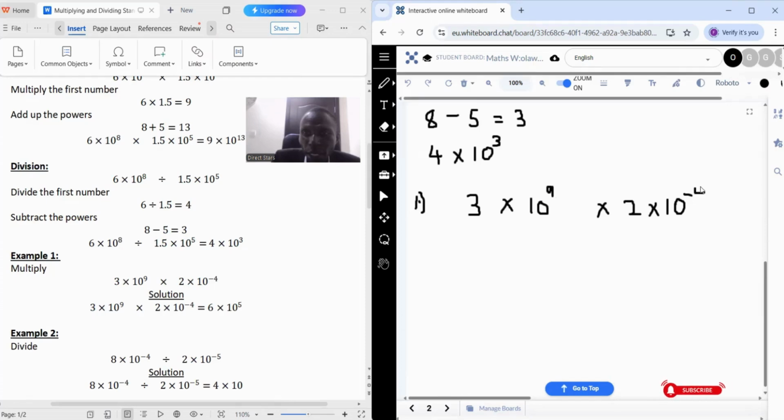So here we are multiplying these two standard forms. Just like what we did when we were demonstrating how to multiply in standard form, we multiply 3 times 2, and we're going to have this to be 6.